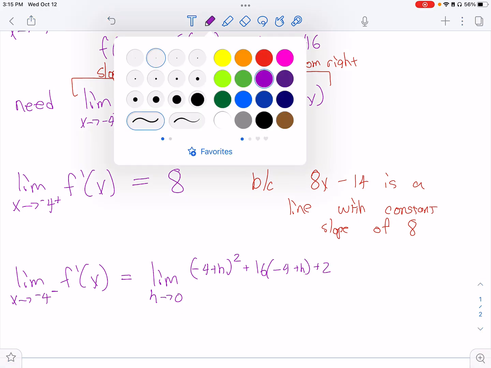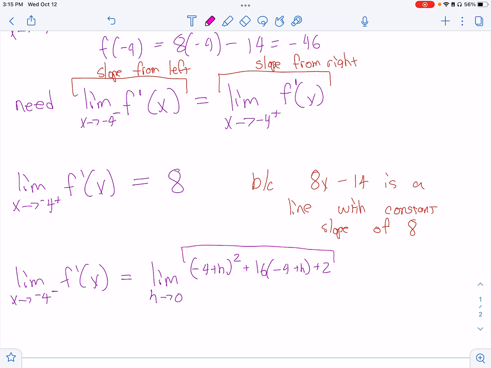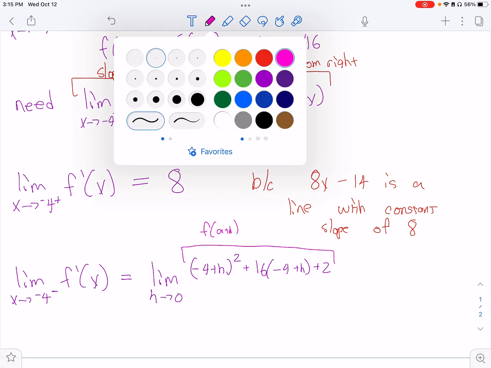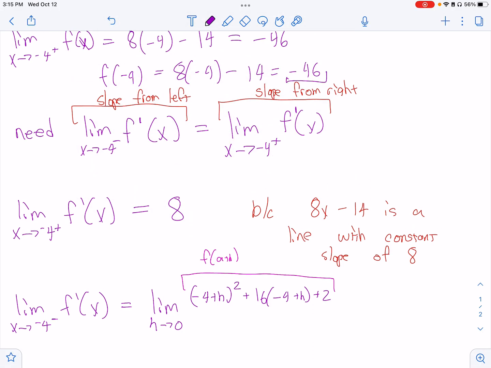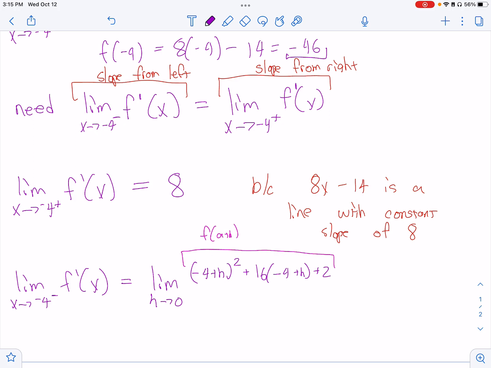So that is my f of a plus h. And then we already calculated that f of -4 is -46. So this becomes minus -46 all over h.